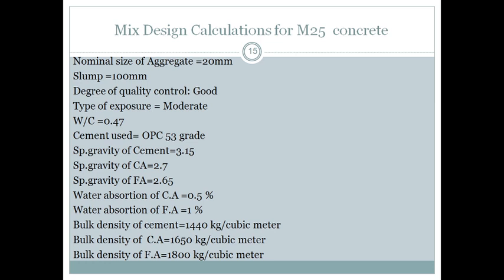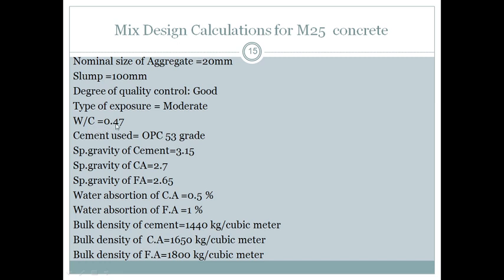Right. After the laboratory test, we have chosen that the maximum nominal size of aggregate is 20 mm. The slump required for design of this grade of concrete is 100 mm. As I am designing the M20 grade of concrete, for this particular grade I am using nominal size of aggregate 20 mm, slump 100 mm, and degree of quality good. The type of exposure I am using is moderate, and here I am directly assuming the water cement ratio is 0.47.